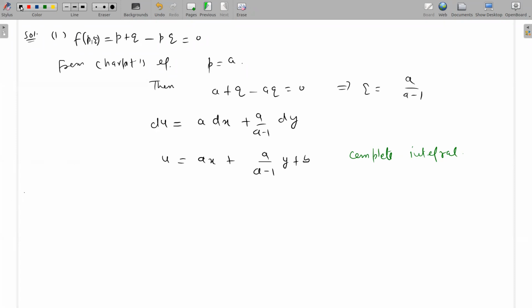What do you have in the second? Or if you want to write in short notation, then you can write u equals p square minus q square, or p square minus q square minus u equals 0. So an equation involving only u, p and q.